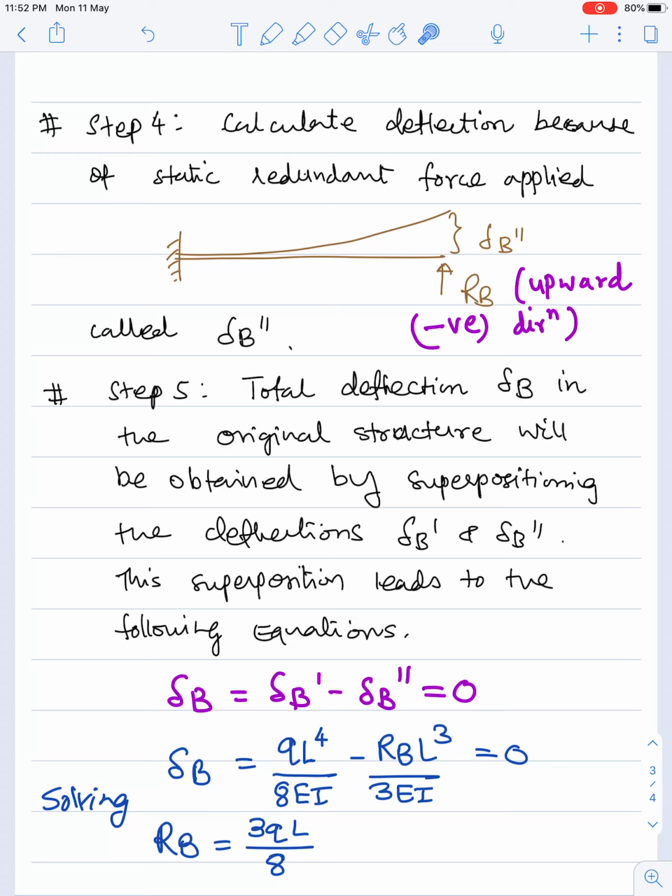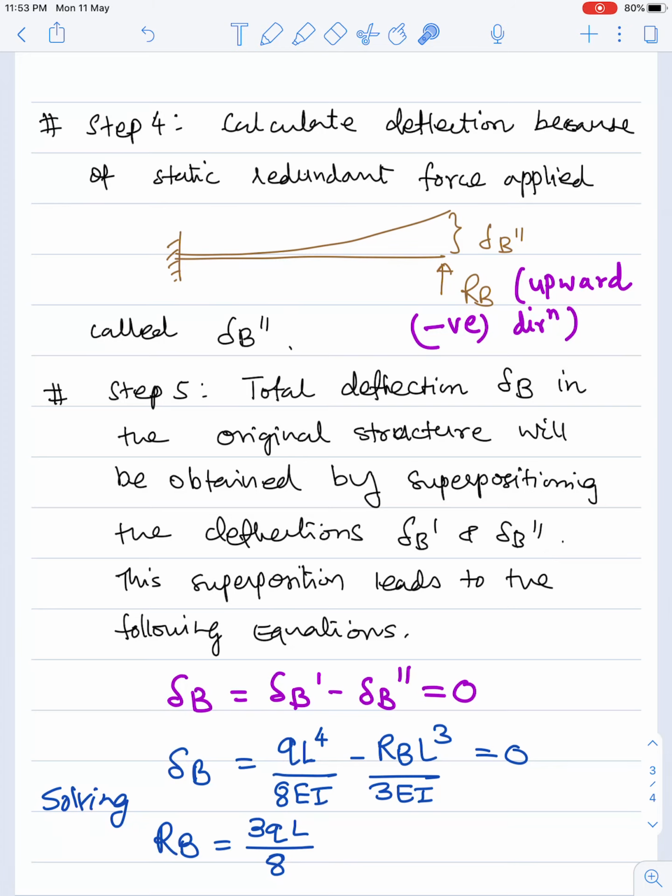So in the next step, the total deflection delta B in the original structure will be obtained by superposing the deflection of the earlier structure under the external load alone, which gives delta B dash, and the deflection because of the unknown redundant force, that is delta B double dash.